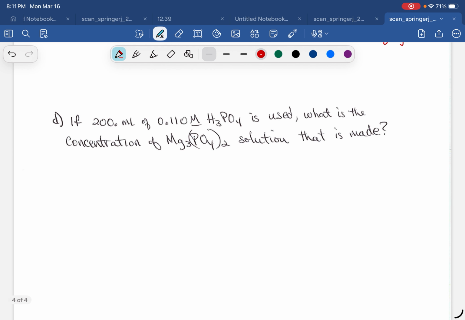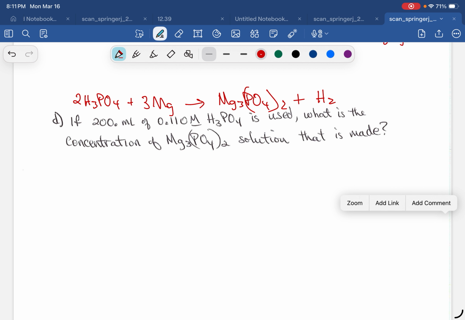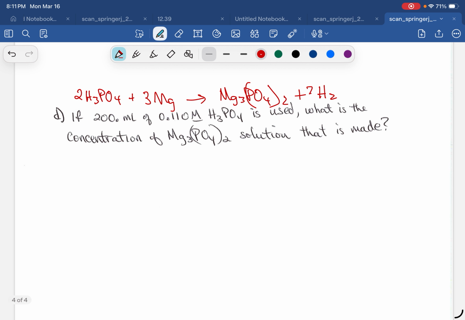So we've got 2 H3PO4 plus 3 Mg gives Mg3(PO4)2, plus 3 H2. So we've got H3PO4, that's my information about that.